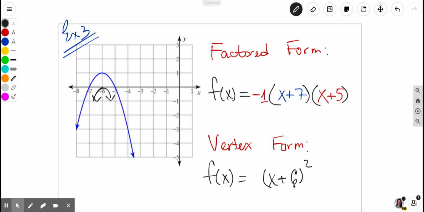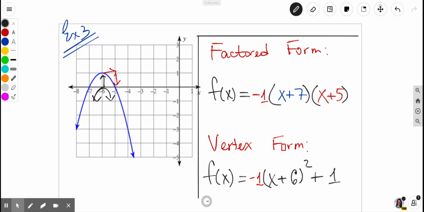And then we're going to figure out how to shift it up. So we shifted it up 1 unit, so that means we must have needed a +1 over here. Okay. And then I'm going to get my a value from the graph. So it's a -1 again. And once you figure the a value out, you're pretty much done.